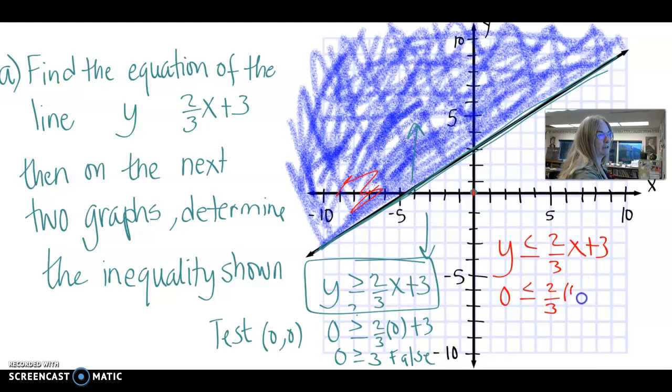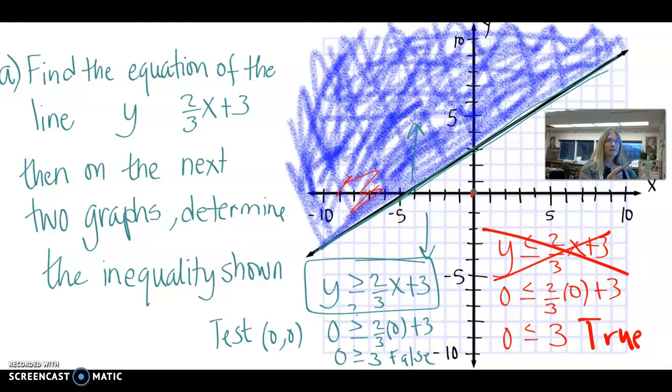If I put 0 in here, I get 0 is less than or equal to 0 plus 3. This is false. I'm sorry, it's true. 0 is less than or equal to 3. But 0, 0 is not part of the shaded region, so it shouldn't make the inequality true. So we know that this one has to be incorrect. So then you would go back to trying it the other way, put that 0, 0 in again, and since 0, 0 makes it false, it wouldn't be shaded on that side, and therefore you have the correct inequality.